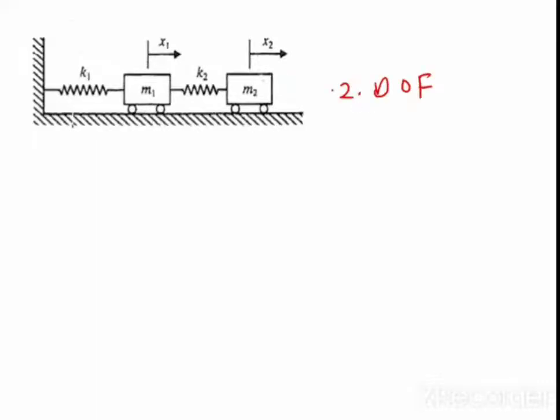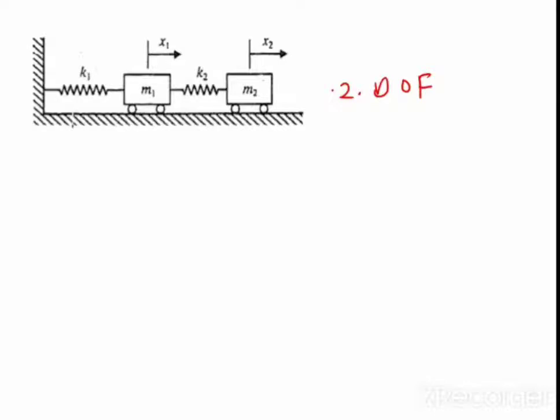So basically, guys, whenever you are doing the analysis of a vibration system, the first point you have to understand is that you always have to look at how many degrees of freedom are there. Because as the degrees of freedom change, the number of masses also changes, and the method of analysis changes too.